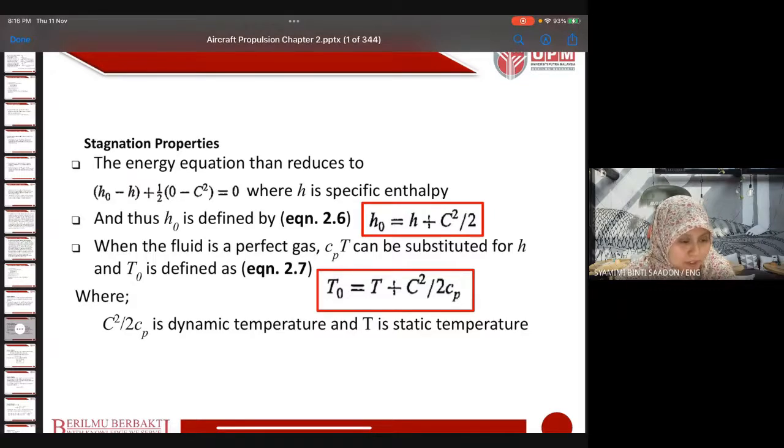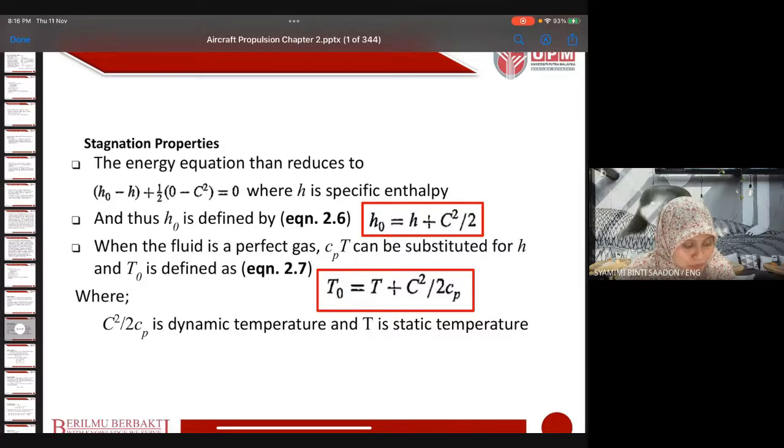For example, at the diffuser or at the nozzle, the kinetic energy cannot be neglected, because there is a high change of velocity C here, a high change of kinetic energy, so we cannot neglect those parts.